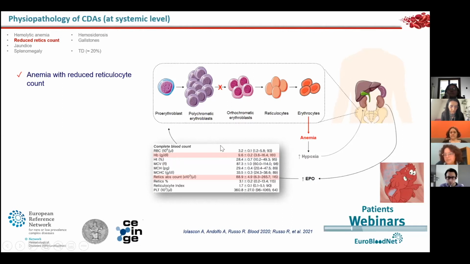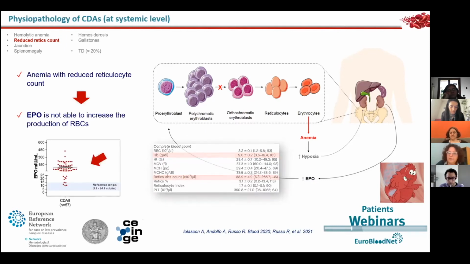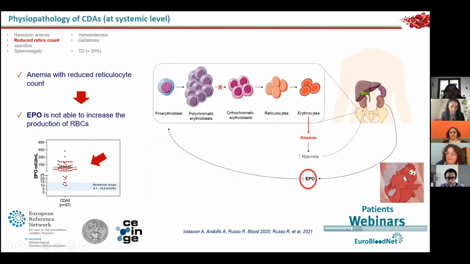So in these patients, in CDA II patients, we observe anemia with the reduced reticulocyte count, with a very high level of erythropoietin. Indeed, if we measure these levels in the serum of CDA patients, we can observe a very high level of erythropoietin compared to the normal reference range that is represented by this gray bar.